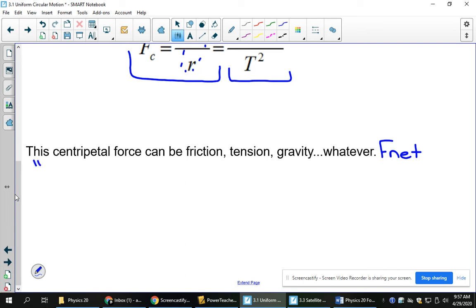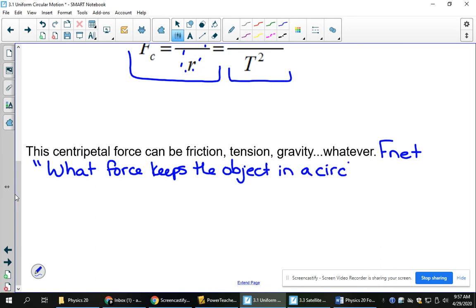I want you to ask yourself this question. What force is keeping the object that you're talking about in a circle? So when you're setting this up, it's not going to say F net. It's going to say centripetal force. That's our F net in this unit.